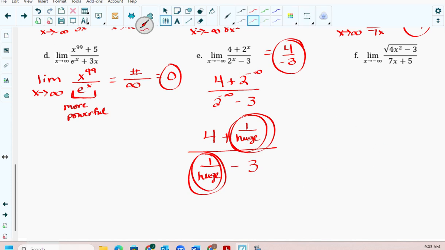All right, let's look at F. Very similar to the one we did up above. So we have the limit as x approaches, this time, negative infinity. This is where we need our absolute value.